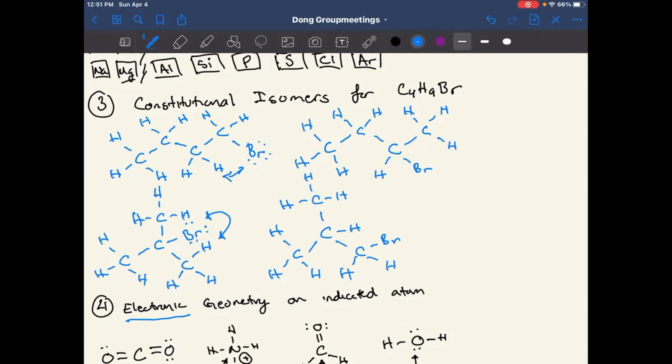If you move this bromine onto any one of these other carbons, it'd be the same structure as you already have. And then if you move it back to the middle, that's just going back to this way. Additionally, the same thing is the case for above. So these are the 4 constitutional isomers.